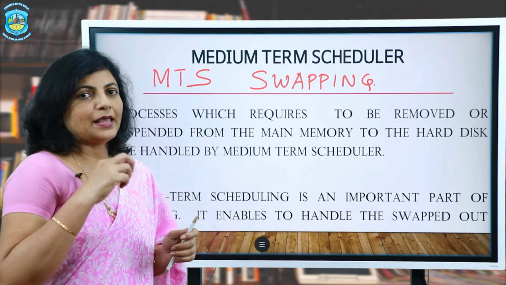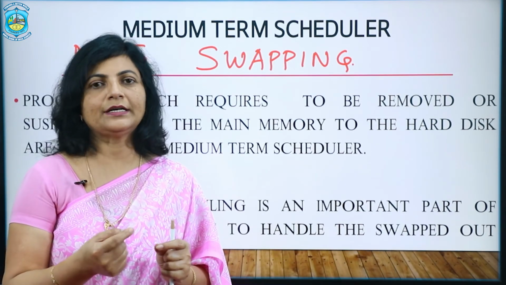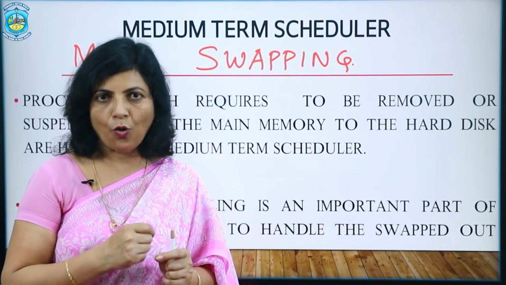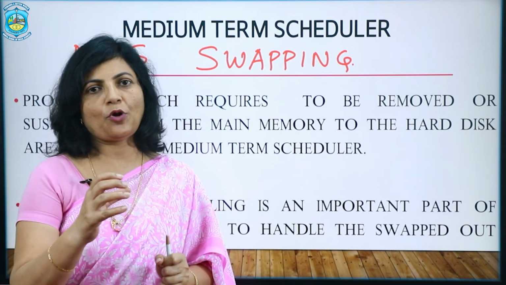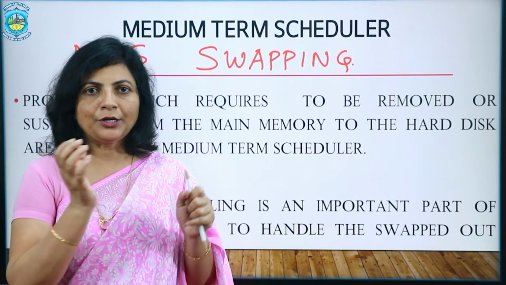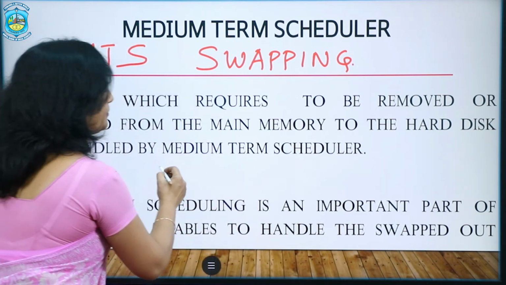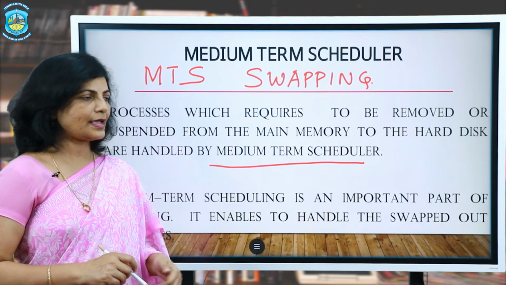That means, as I told you earlier, when processes require some I/O operations, they are taken away from the CPU and put into the device queue. That is done by the medium-term scheduler.